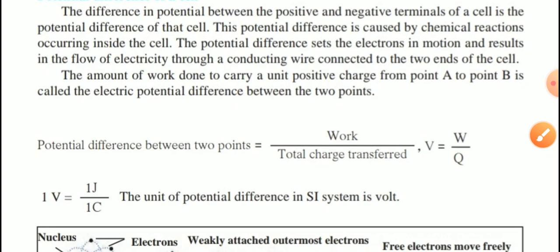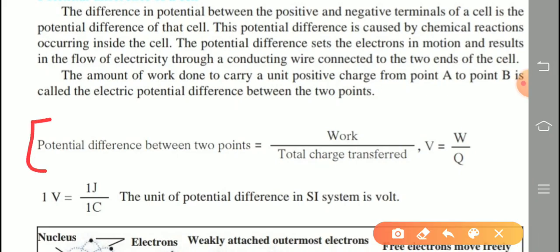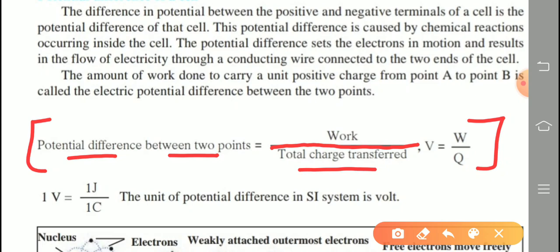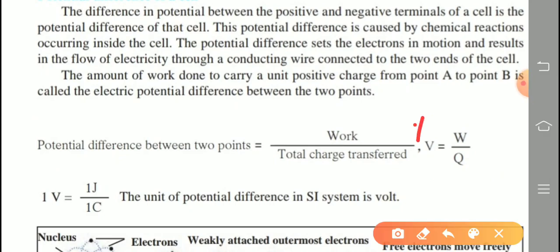Next, write the formula of potential difference. So the formula is given here. That is the answer. Potential difference between 2 points: potential difference is equal to work upon total charge transferred. Potential difference indicated by the symbol capital V is equal to work W upon electric charge indicated by letter Q. So W upon Q. Now potential difference is measured in volt.